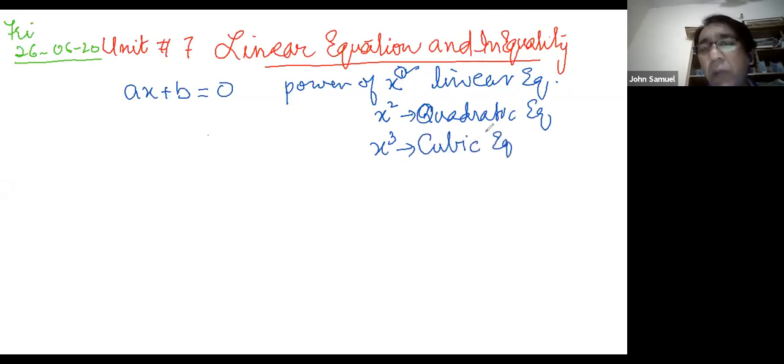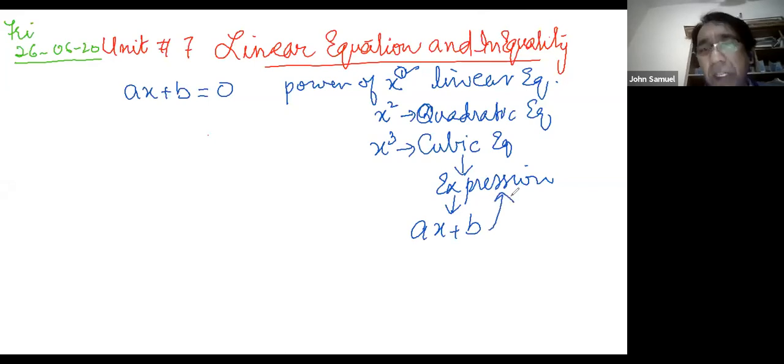It could be equation, cubic equation or expression. Now let me make it clear to you why it is called expression. If it is like this, ax plus b, then it is simply called expression.